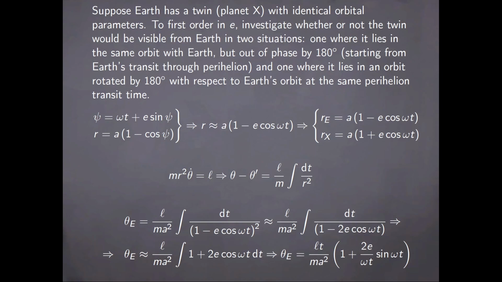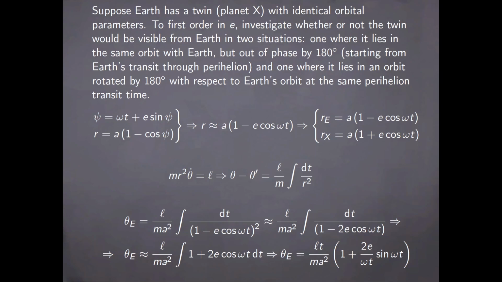And what we are to do is to investigate, to first order in the eccentricity, whether or not this twin would be visible from Earth in two situations. The first one is the situation where it lies in the same orbit as Earth, but out of phase by 180 degrees, as measured starting from Earth's transit through perihelion, and another situation where it lies in an orbit rotated by 180 degrees with respect to Earth's orbit at the same perihelion transit time.